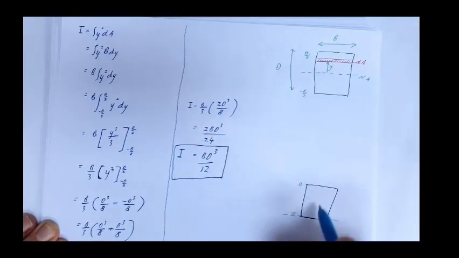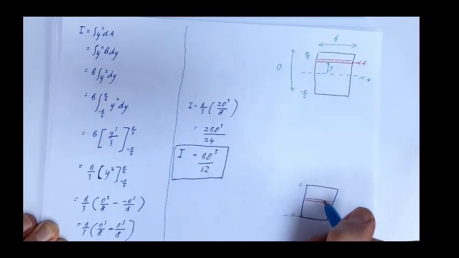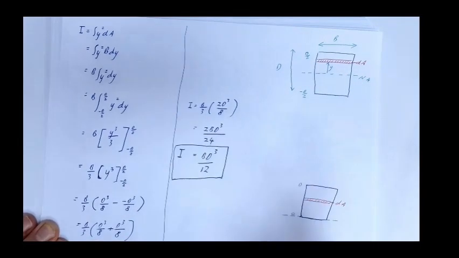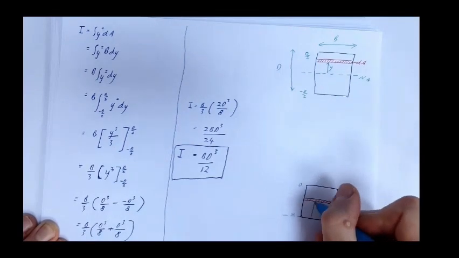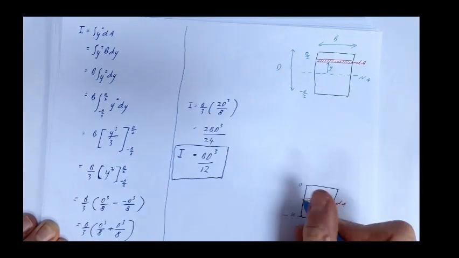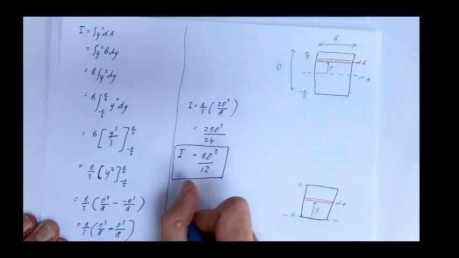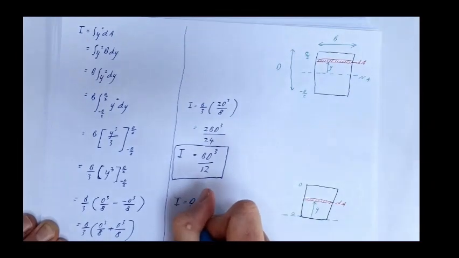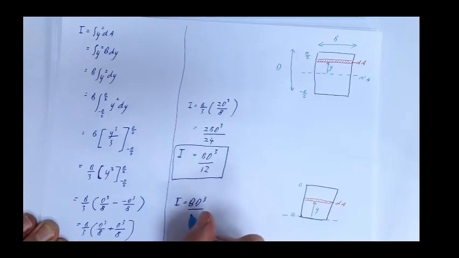Okay, so we're going to integrate our section. So this time we've got our section dA, and again it's y meters from that axis. So all we've changed are our limits. What we can show is that I equals bd cubed over 3.